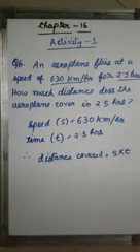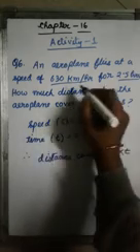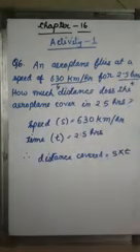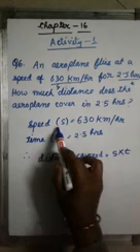Now I am explaining a word problem. Question number 6. An aeroplane flies at a speed of 630 km per hour for 2.5 hours. How much distance does the aeroplane cover in 2.5 hours? Here it is the speed s and this is the time. So speed and time is given.